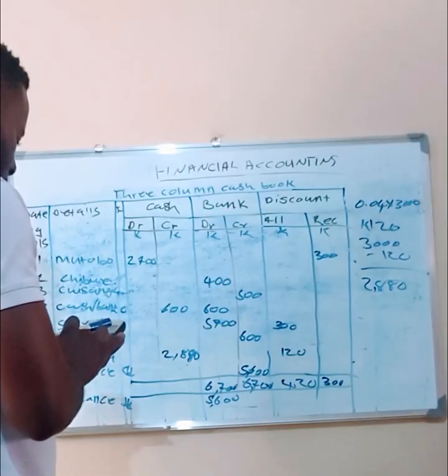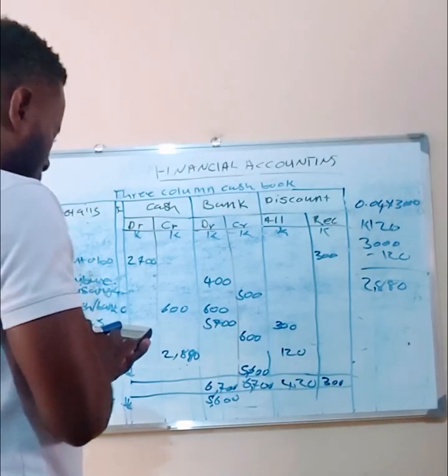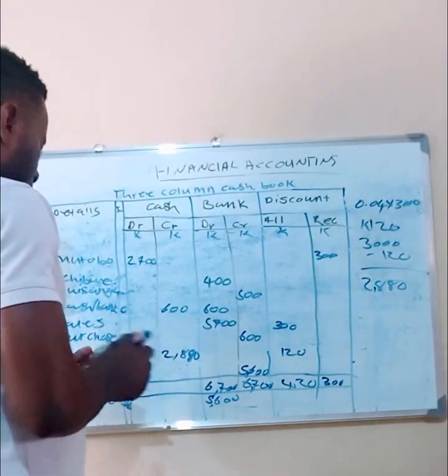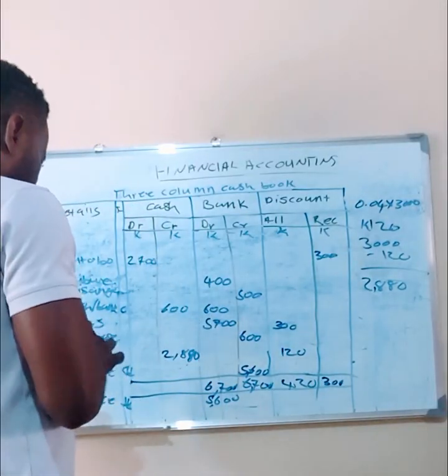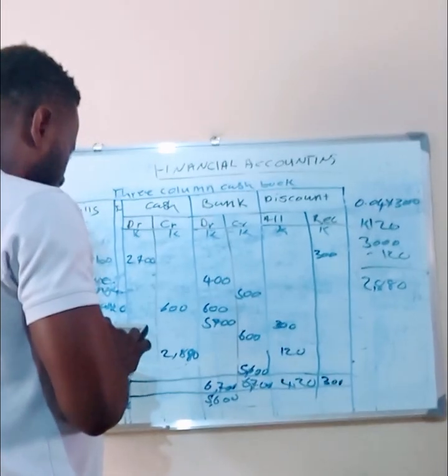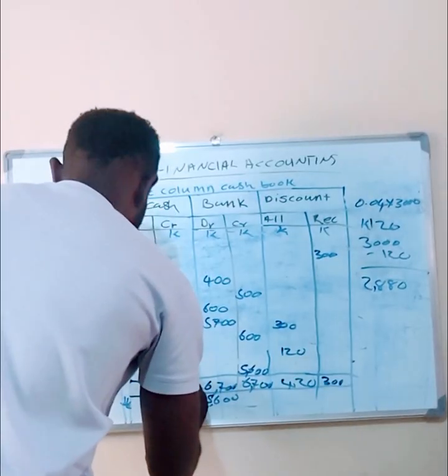So 600 plus 2,880, I'm going to get 3,400. Yeah, so we're going to have 3,480.